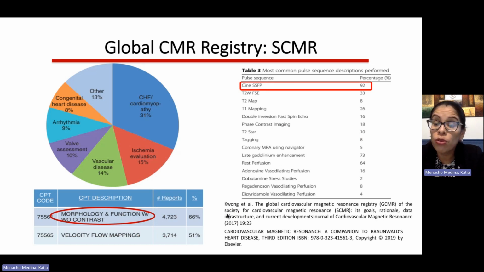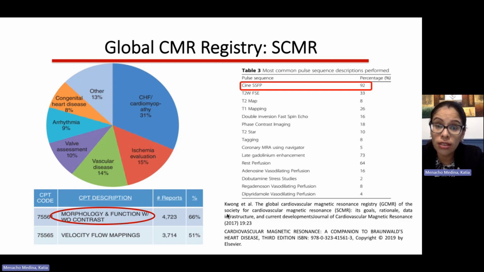And as I mentioned before, this is a fact, and many units around the world are using mostly these sequences. This is the SCMR Global Registry, published in 2017 by Kim, and you can see here that the most common sequences used in clinical practice worldwide, with most of the participating countries being high-income countries, were cine sequences with steady-state free precession, and also, for example, T2 weighting with the STIR sequences.